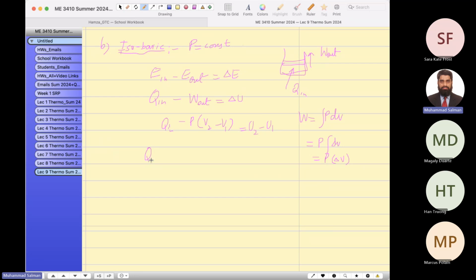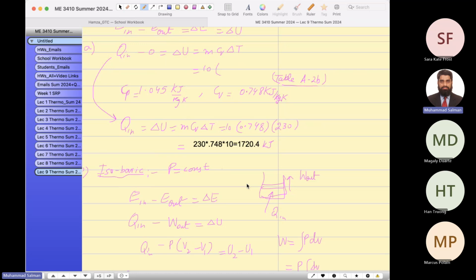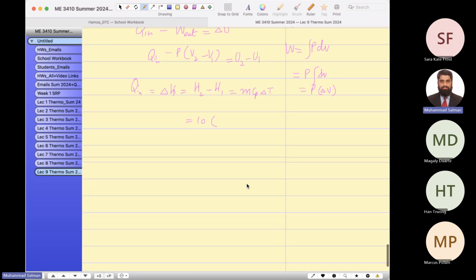So if you do the math here, this equals delta H, which is enthalpy, H2 minus H1, big H, because this is in kilojoules. And that is equal to mCp delta T. m is 10, Cp from the table is 1.045.